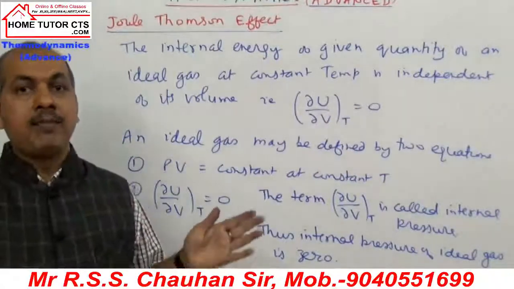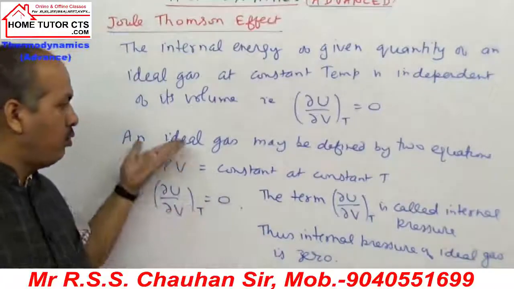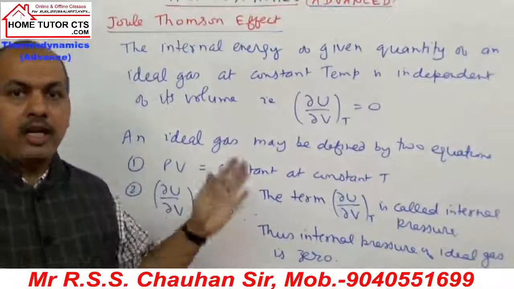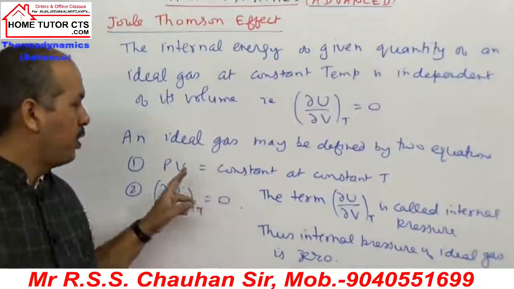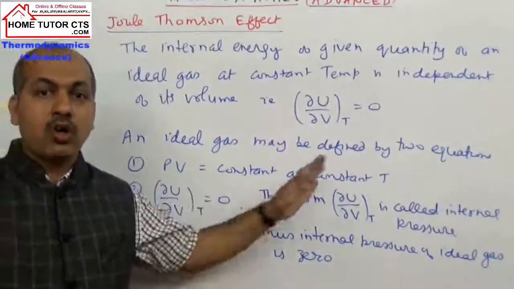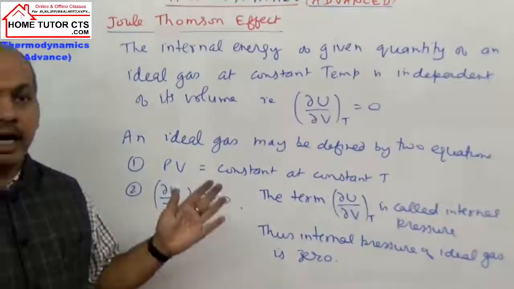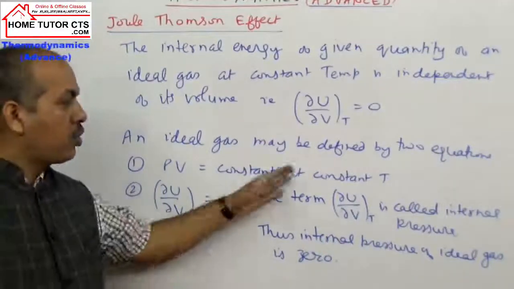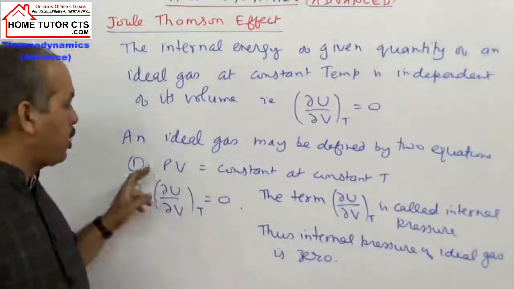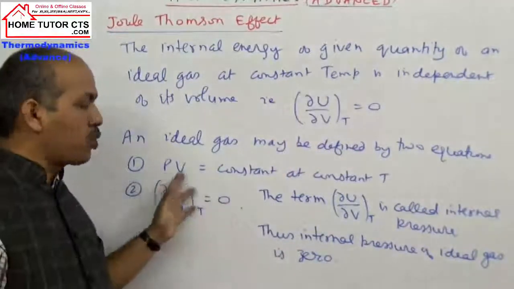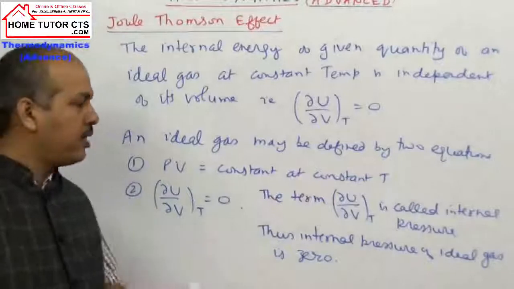Second क्या होता है कि to define the ideal gas, we have two expressions. One is called Boyle's law expression, already explained to you in the topic gas state. P into V, the product of pressure into volume, is constant at constant temperature, when the amount of gas is fixed. Volume is inversely proportional to pressure. That expression was there.